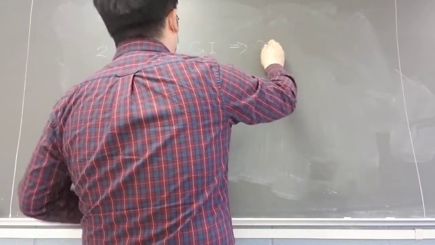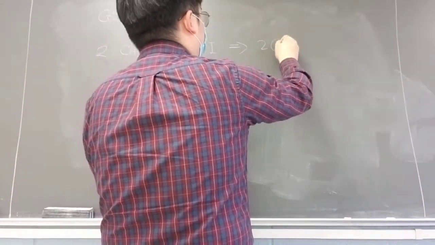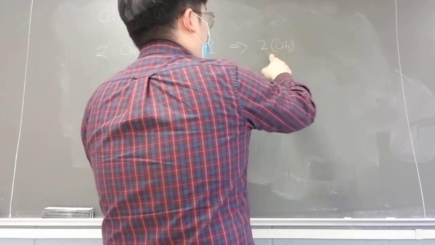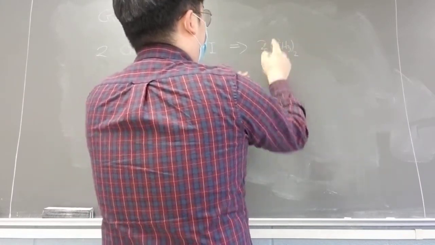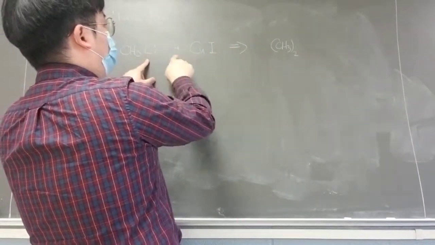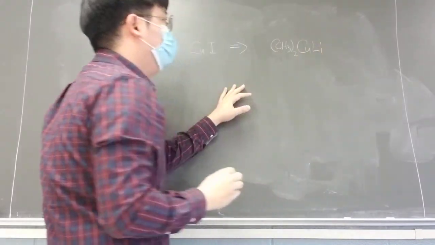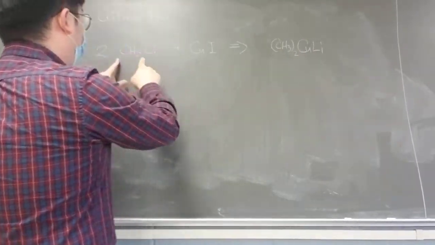Eventually, I'm sorry, there's a 2, right? That's why I put the number 2. Two methyl here. So I'm just going to put it this way. 2, and this is replaced by copper, copper with one lithium here. Okay, and then there'll be two lithium too.